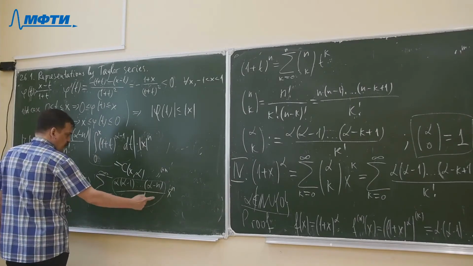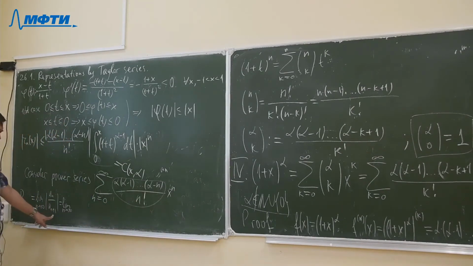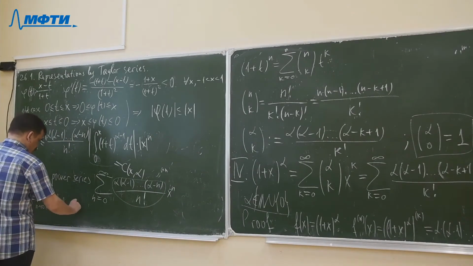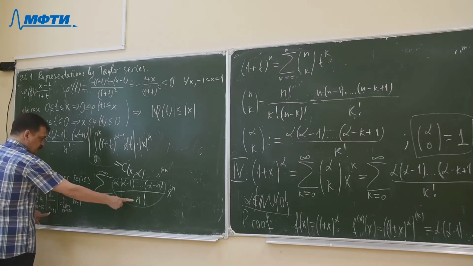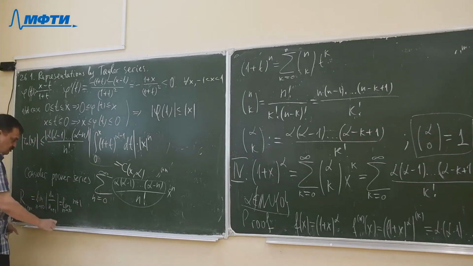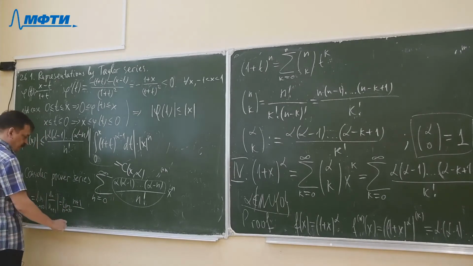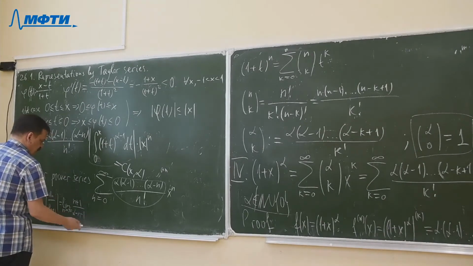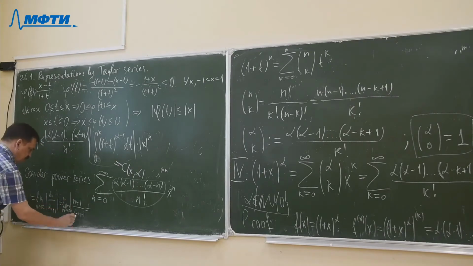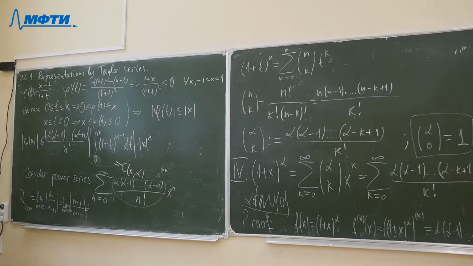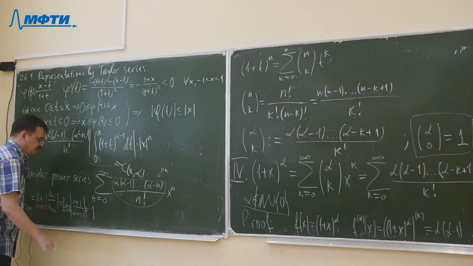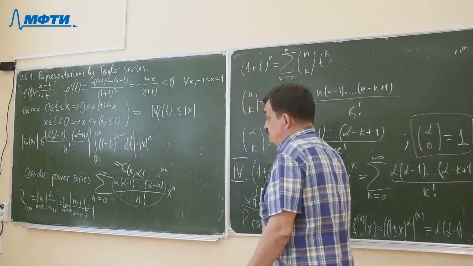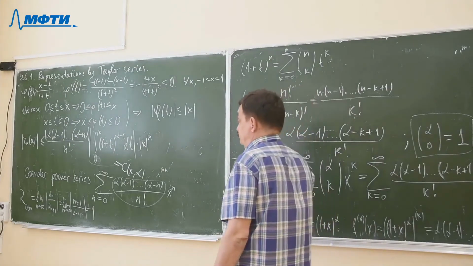When I add one term extra to an plus 1, it remains. So n plus 1 factorial was in the denominator here, will be the numerator, and alpha minus n minus 1 is here. So modulus, and it gives 1. So the radius of convergence is 1.